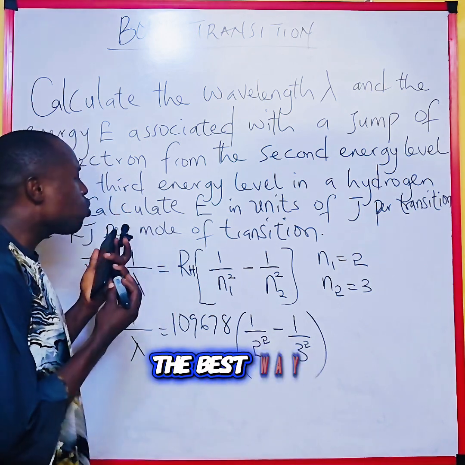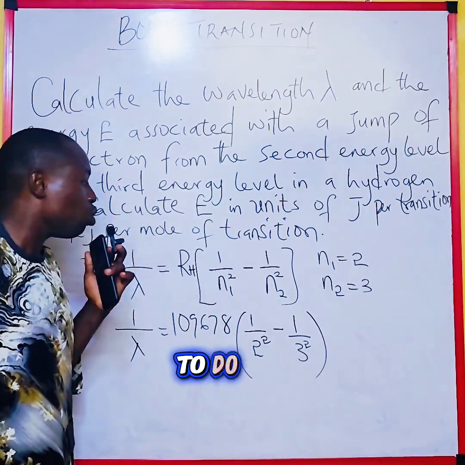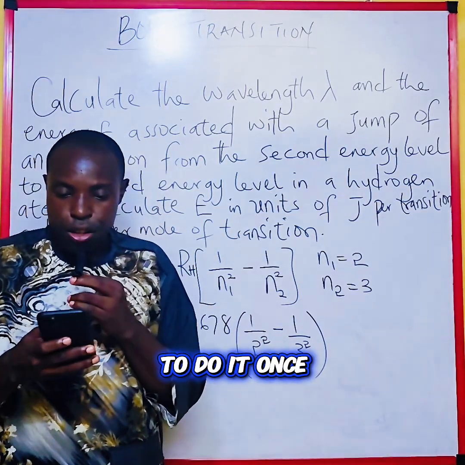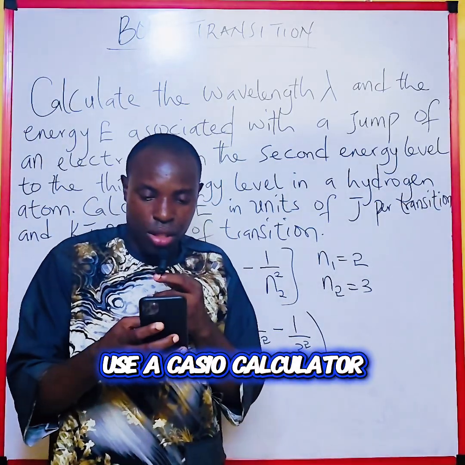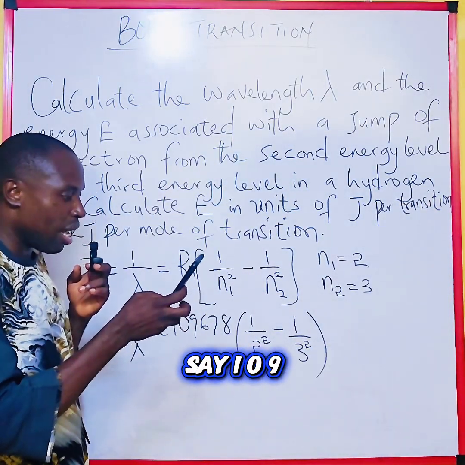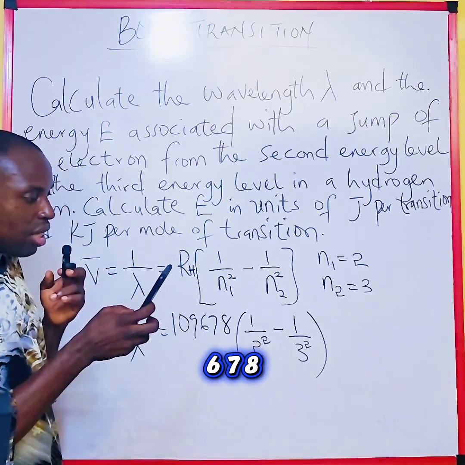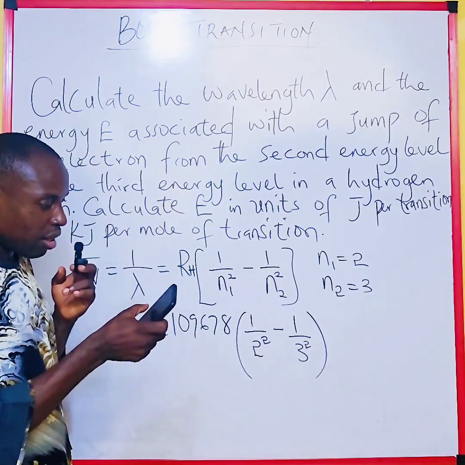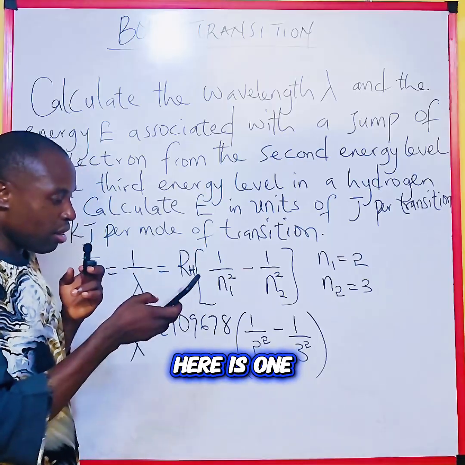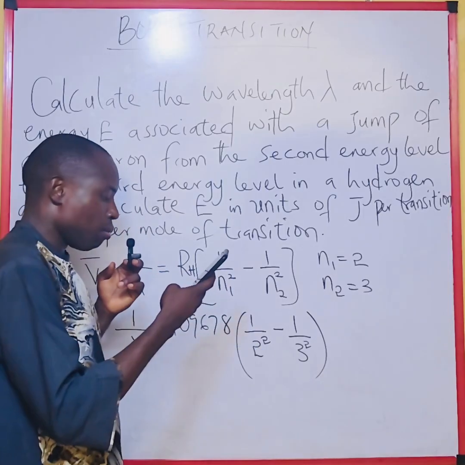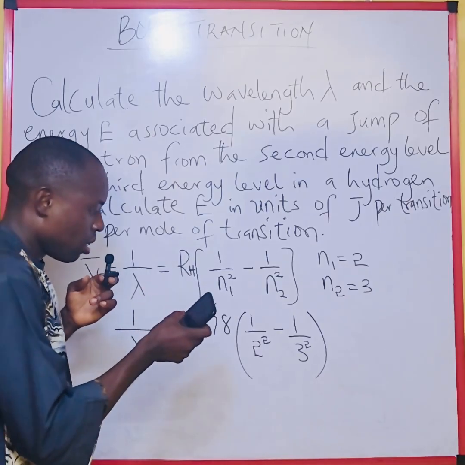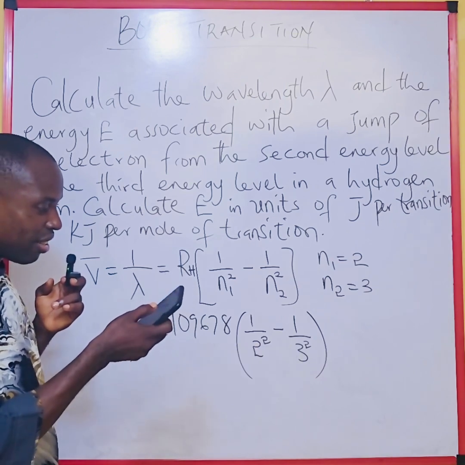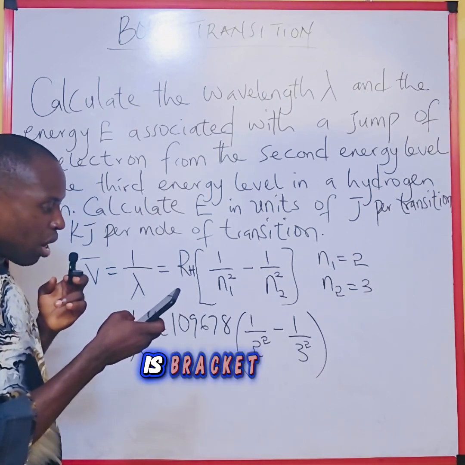The best way I often teach my students is to just use your calculator to do it once, a Casio calculator. I enter 109,678 multiplied by the bracket of 1 over 4 minus 1 over 9.